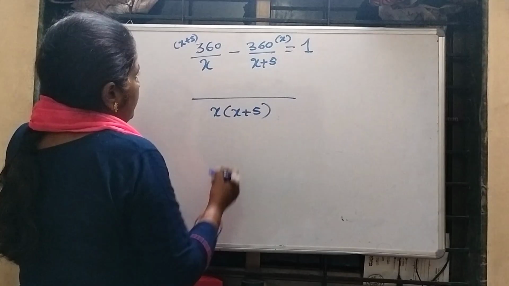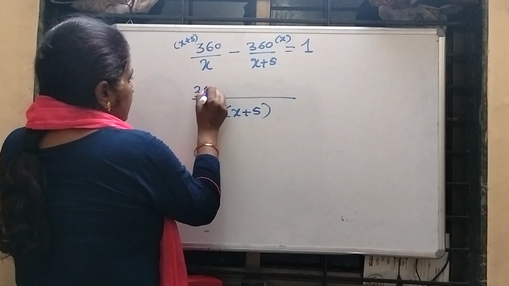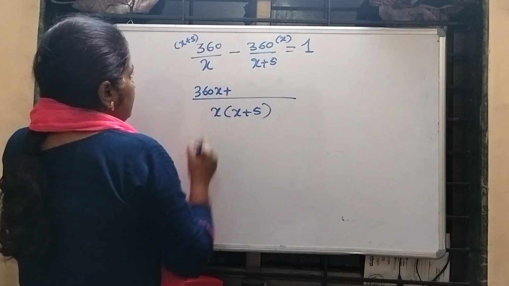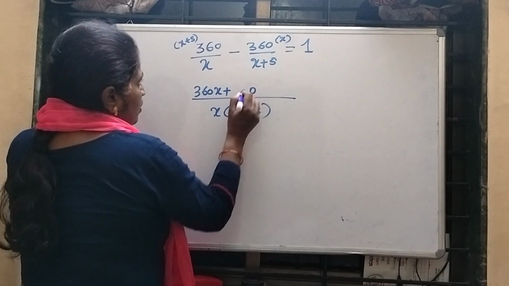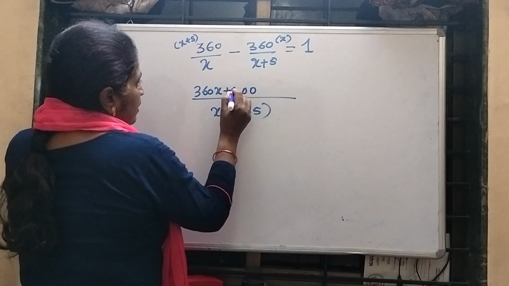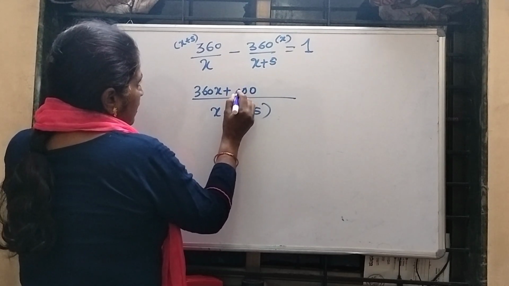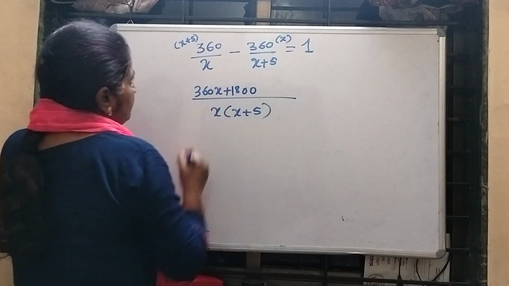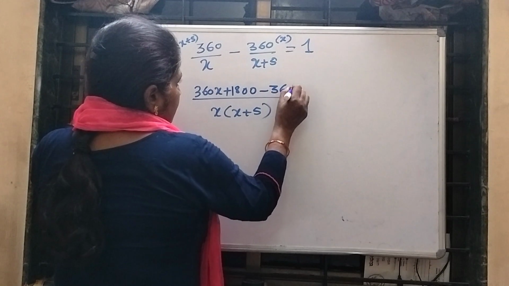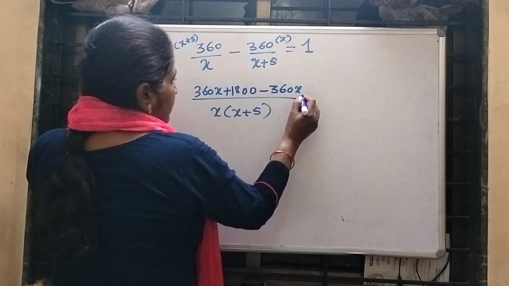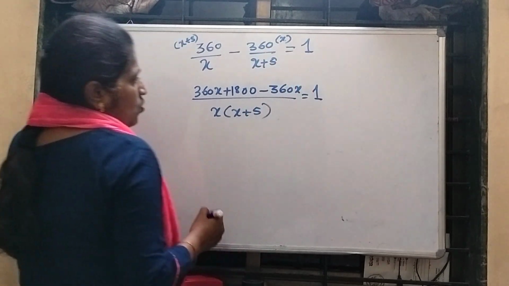So now 360x plus 360 into 5. 5 zeros are 0, 5 sixes are 30, 5 threes are 15 plus 3 is 18, so 1800, minus 360x, this is 360 into x, is equal to 1.